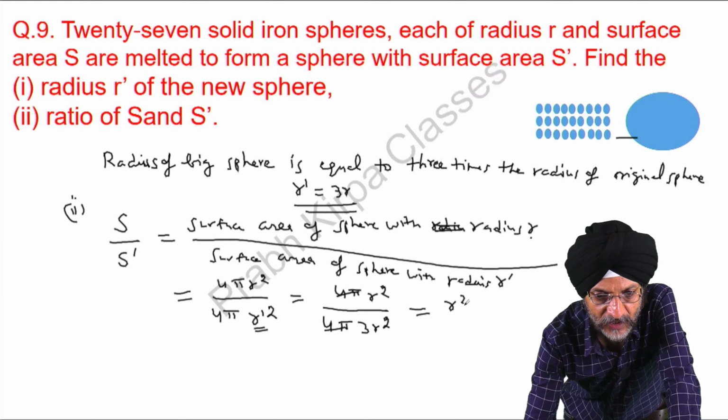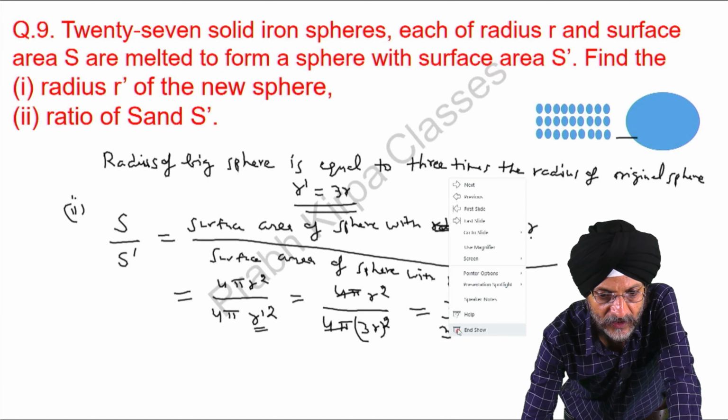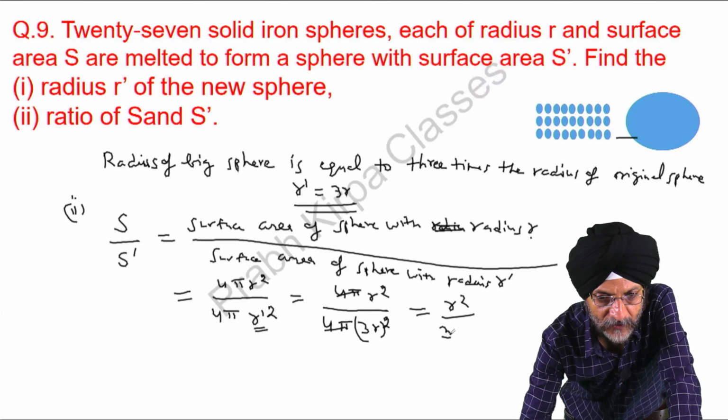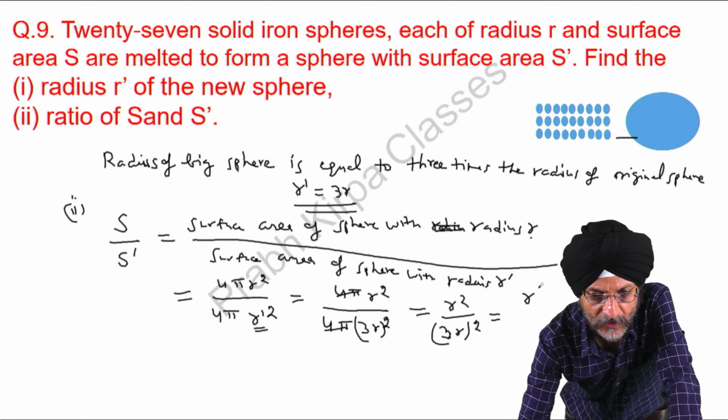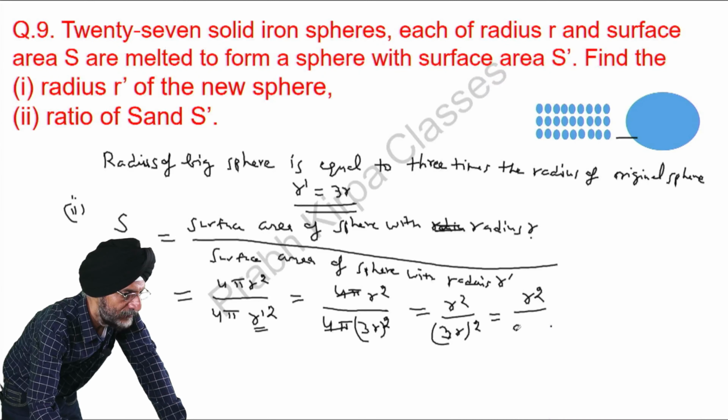So here it will come as r square over 3r whole square, which is r square over 9r square.